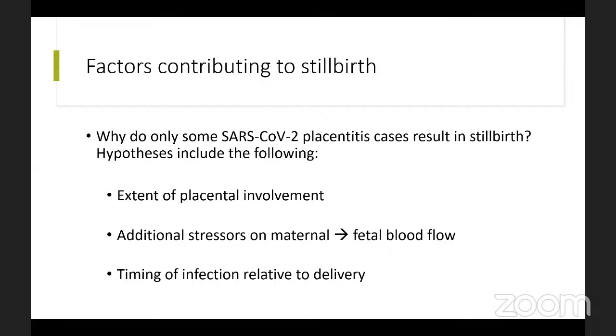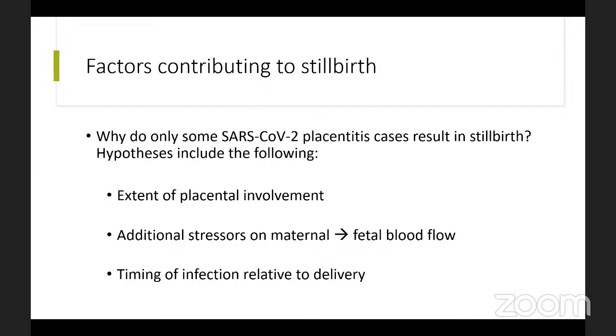Another hypothesis is, are there additional stressors on the maternal to fetal blood flow, the straw that broke the camel's back kind of situation? So the placental insufficiency caused by SARS-CoV-2 was exacerbated by one additional change to the placenta that then resulted in stillbirth.